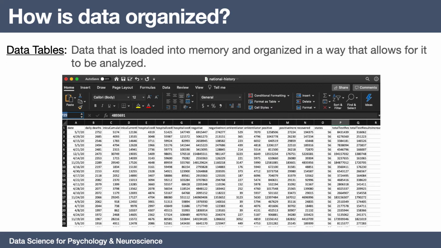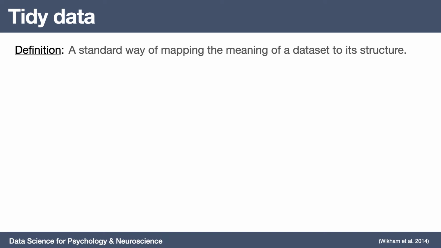The goal of this lecture is to show you today how you need to take particular care in thinking about your data tables, because how they are organized will determine the efficiency of your analysis. And this brings us to the topic of tidy data. What is tidy data? Tidy data, which was proposed in the Wickham article, is a standard way of mapping the meaning of a dataset to its structure.